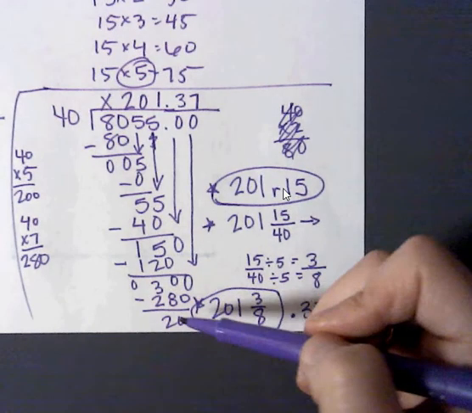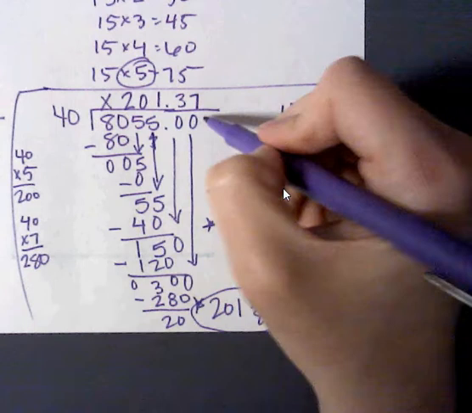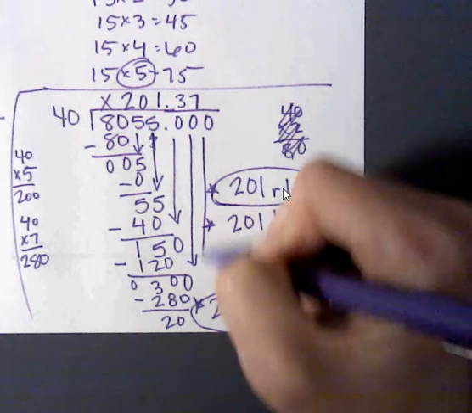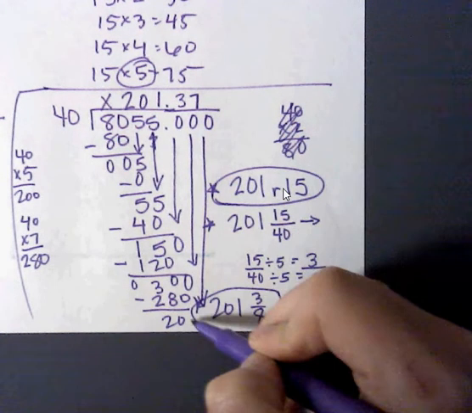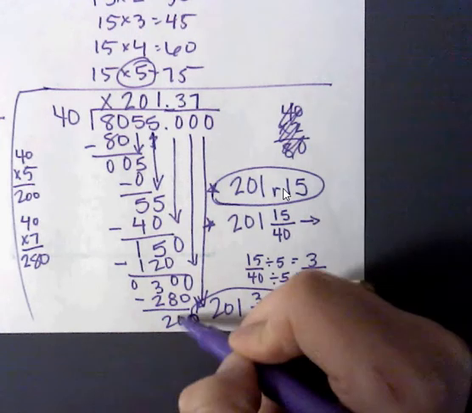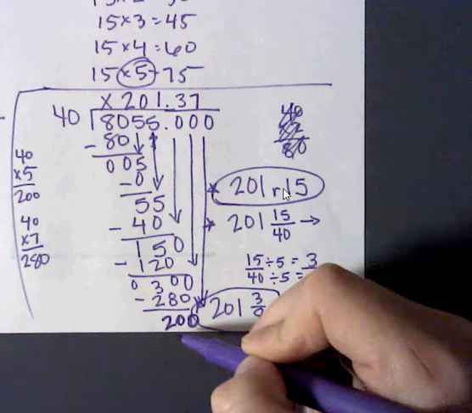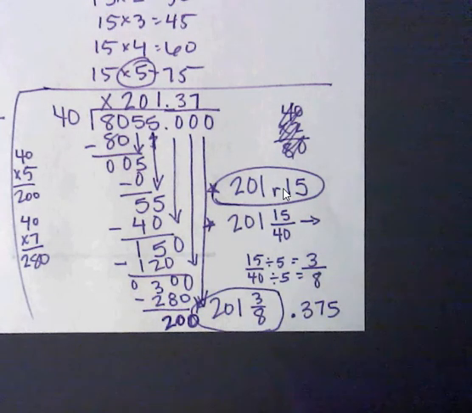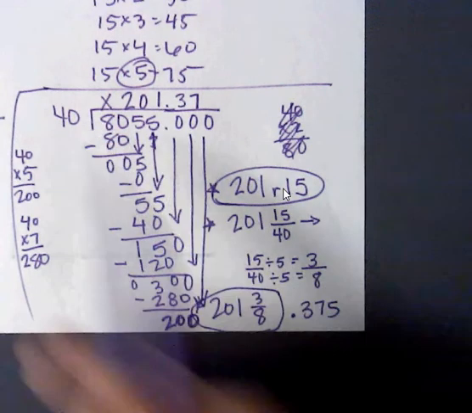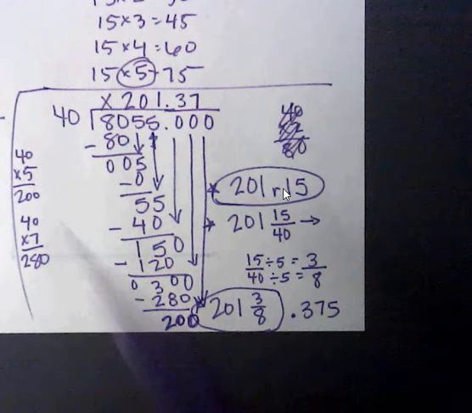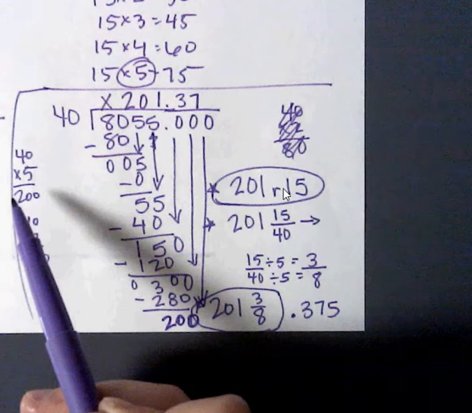So here I am right here. Now I can get one more 0, bring it all the way down. Sorry, it's getting a little messy down here. So I'm at 200. We just said, how many times does 40 go into 200? Well, I just wrote it out over here. It's 5.